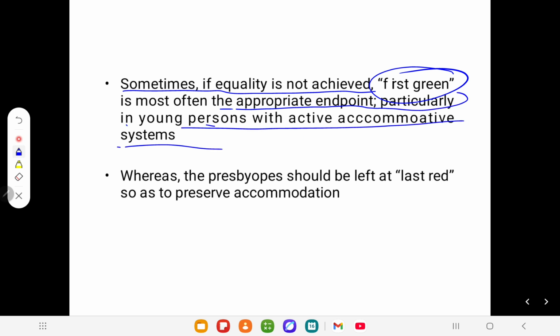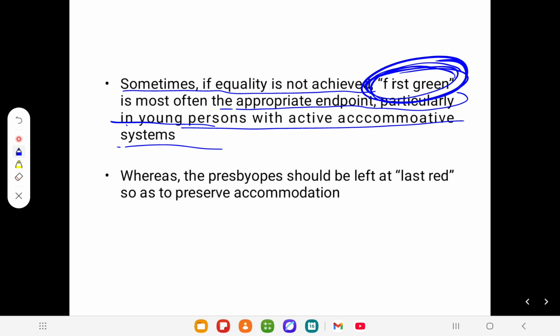So if accommodation is active, then slight green could be there, but I never choose this point in my personal opinion. I don't know about other optometrists, but I never choose the first slight green. I always choose red, because I don't want to over-accommodate the patient.